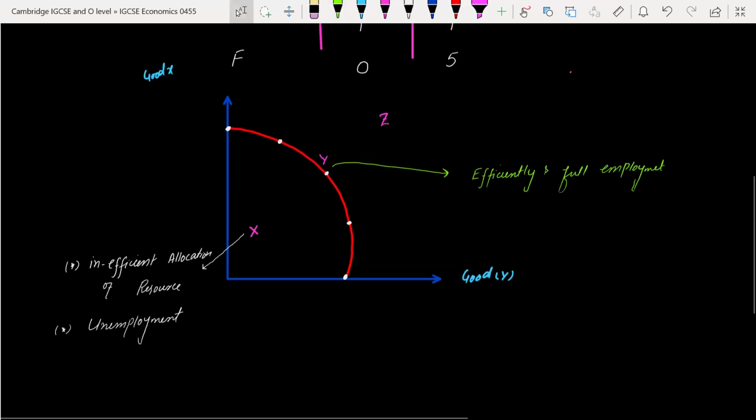The point Z shows that it's an unattainable point. Means I do not have enough resources to reach this point. It's called an unattainable point. Okay.